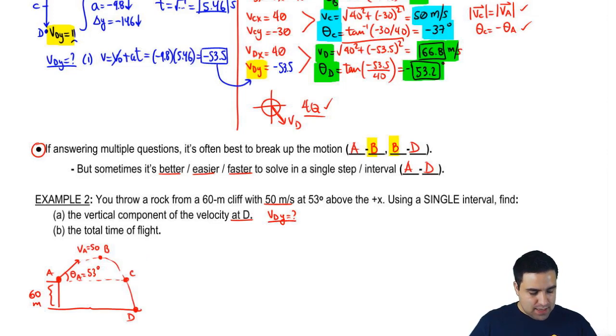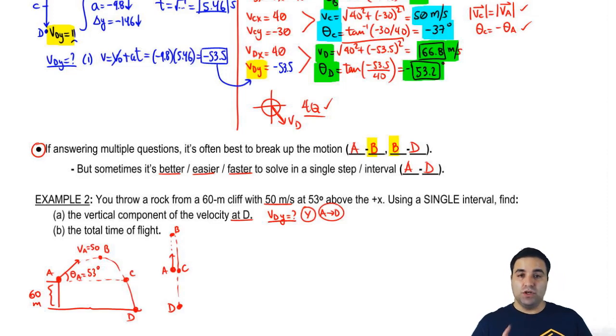So I'm looking for a velocity on the y-axis, so I'm going to use a y equation, a y diagram, and I want to go from A all the way to D in one shot. So let's draw what's happening on the y-axis here from A to D. You're going from A, you go up to B, and then back down to D. Okay? And there's B here, and there's C here.